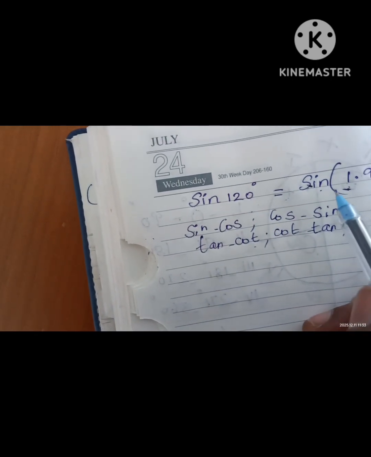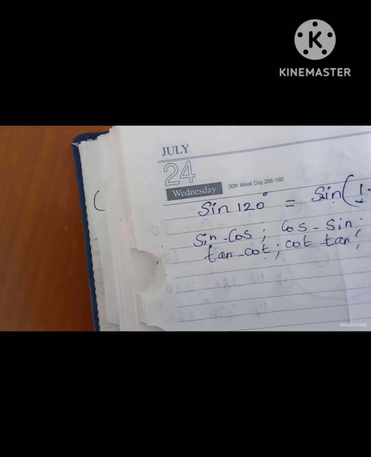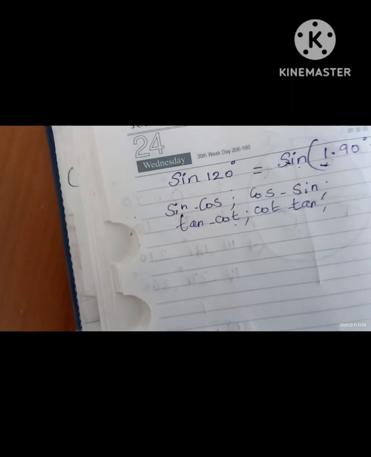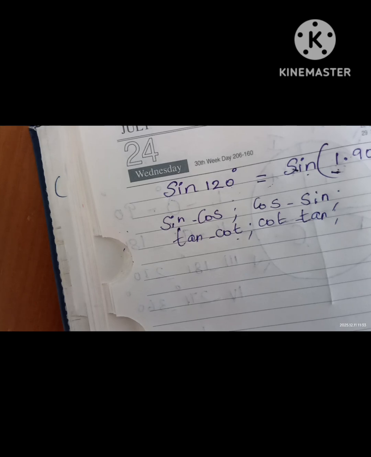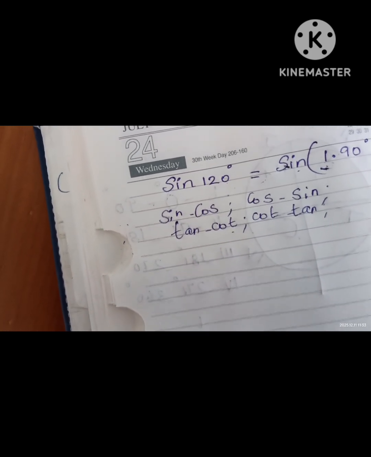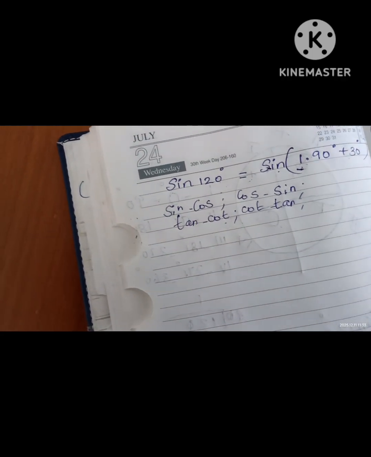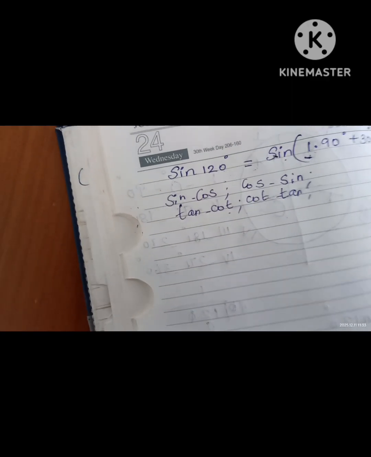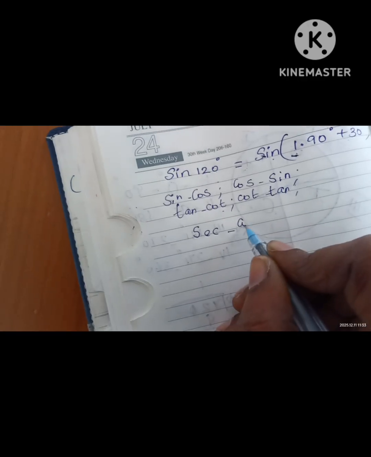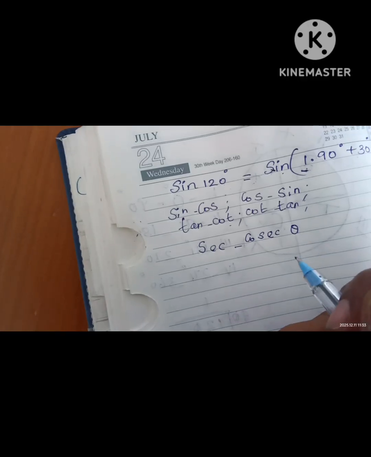So if this number is odd, just pause the video, my dears. Let me ask a question. Okay, I hope you have paused the video. If the number is odd, sine changes into cos, cos changes to sine, tan changes to cot, and cot changes to tan. Then two more ratios are there. What are they? Secant and cosecant, right? So secant changes to cosecant and cosecant changes to secant. Have you all understood? Okay.